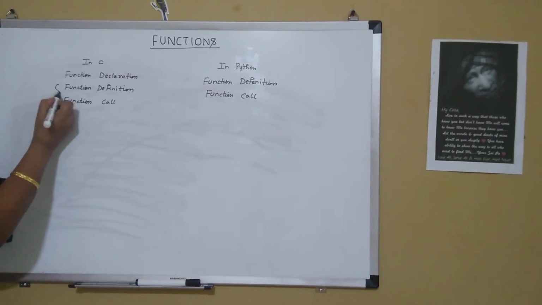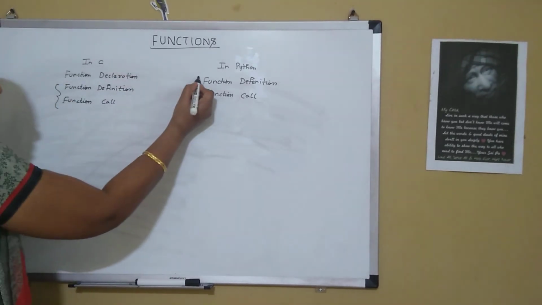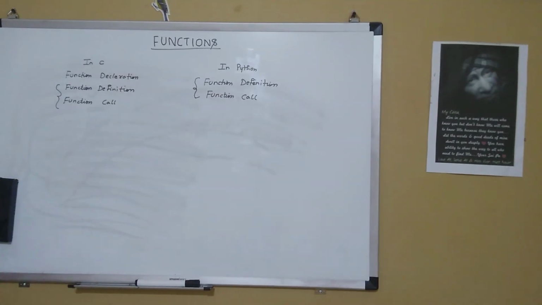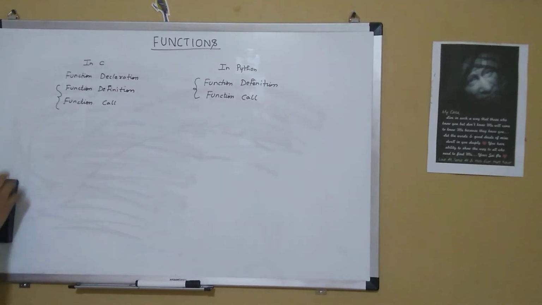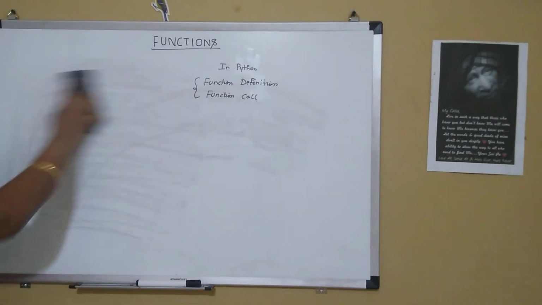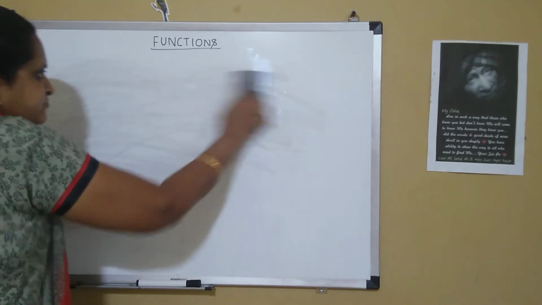We have only these two, that is function definition and a function call. So now let's see how to define a function and how to call a function in Python.